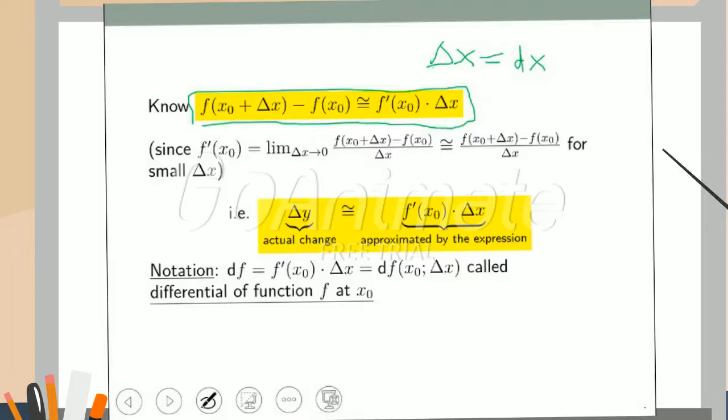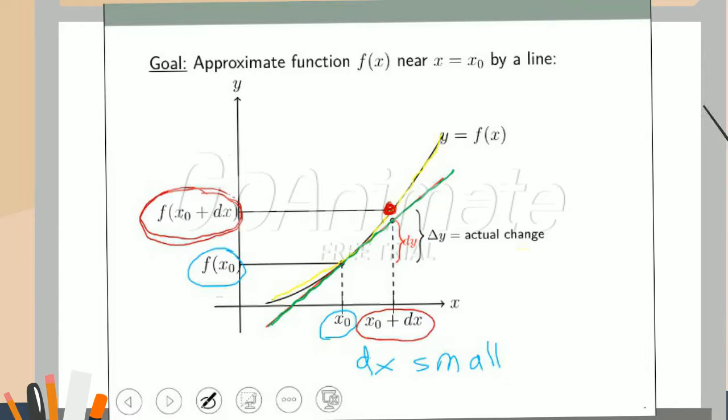This is because you can write the derivative as a limit. And of course, if you take out the limit, for small change in x it is approximately equal to this. So in fact, the actual change in y here, which is what we want, is approximately equal to the differential change, which is dy.